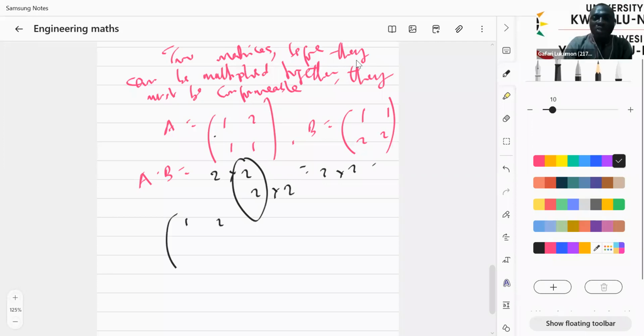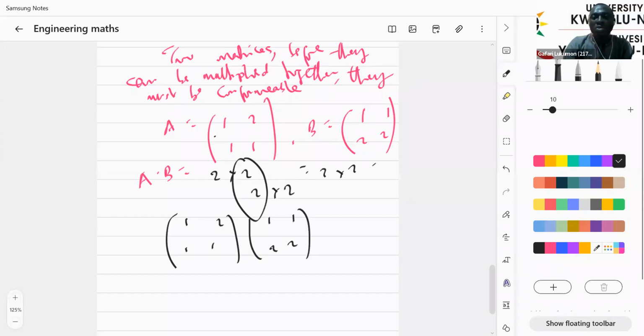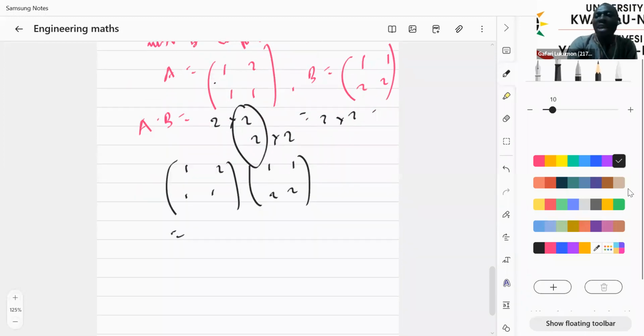You have 1, 2, 1, 1 multiplied by 1, 1, 2, 2. I hope you understand now. Just check this one. This is the first row and this is the second row.